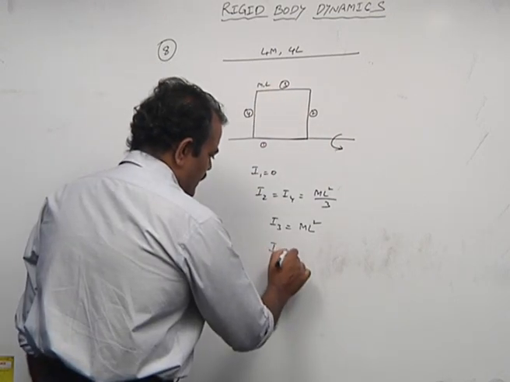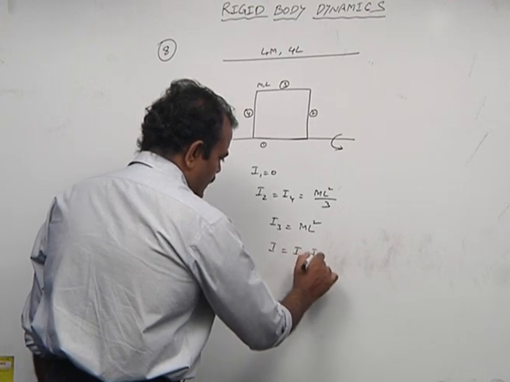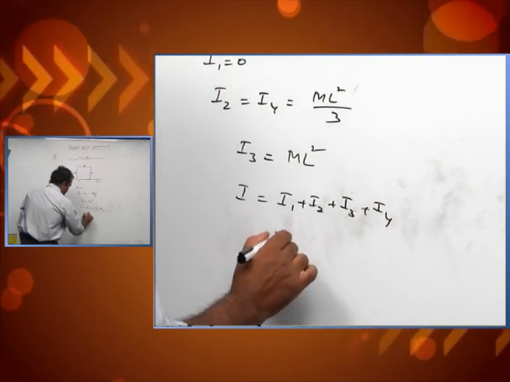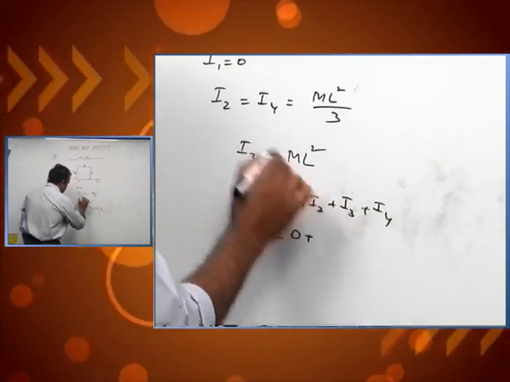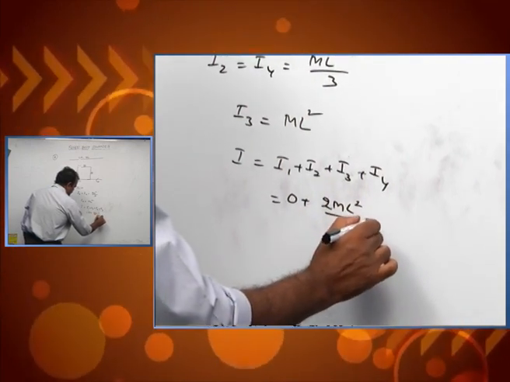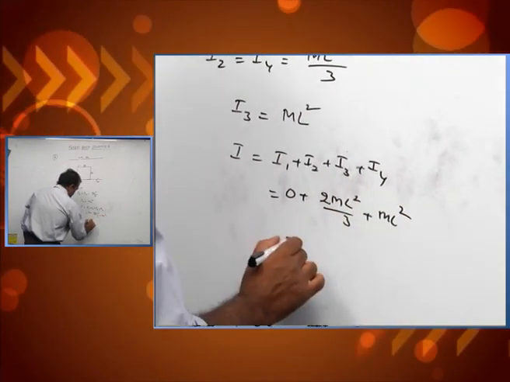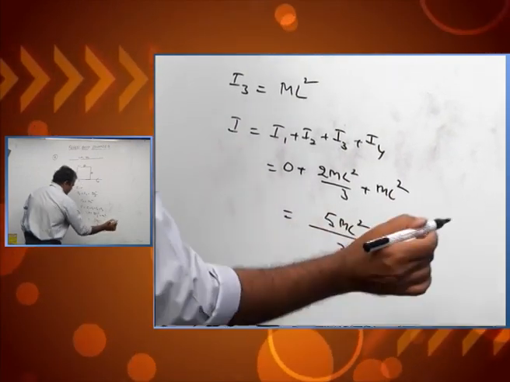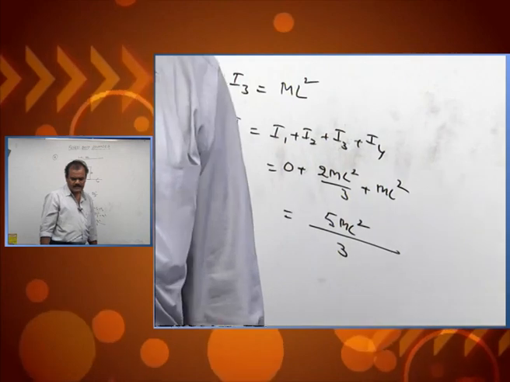That is nothing but I is equal to I1 plus I2 plus I3 plus I4. It becomes 0, and I2 plus I4 already we know is 2 ml square by 3, plus ml square is here. So that's why 3 is here and this becomes 5 ml square by 3.